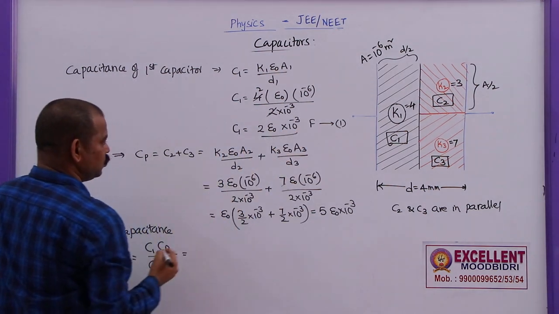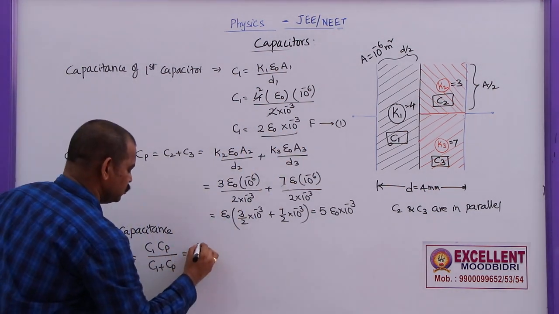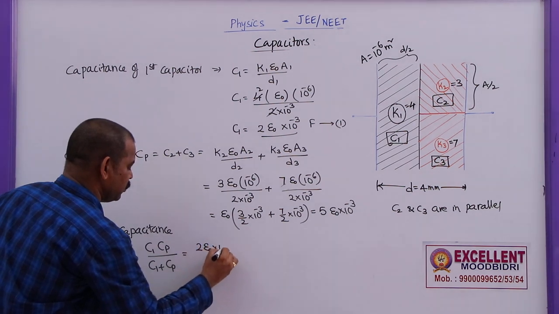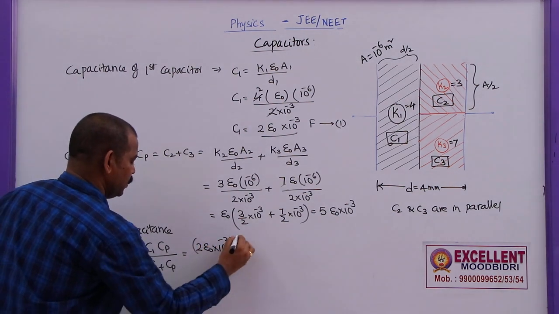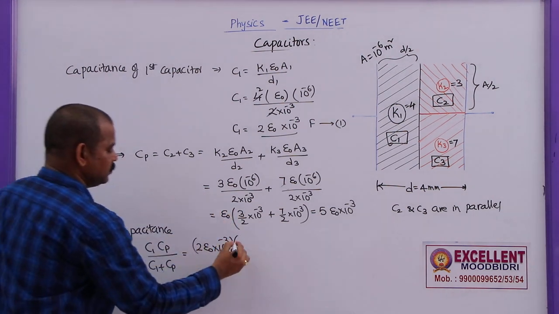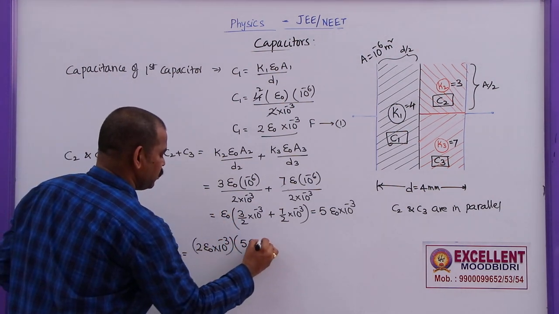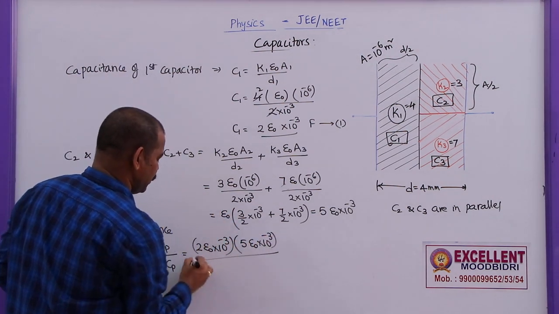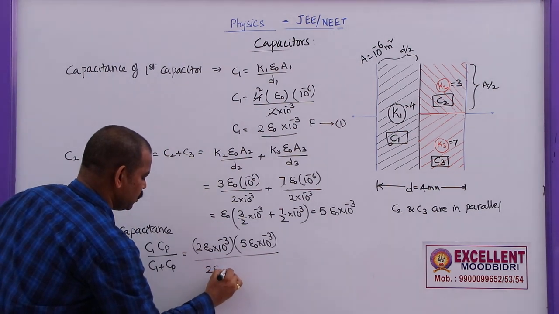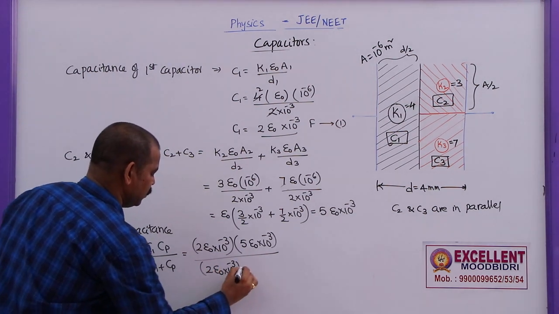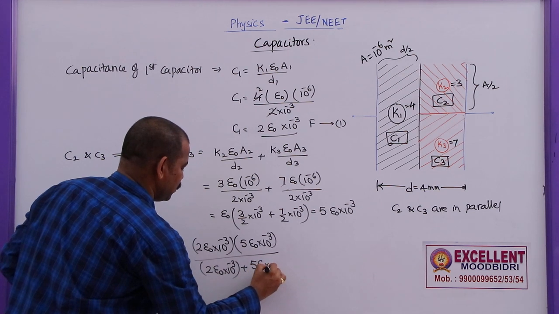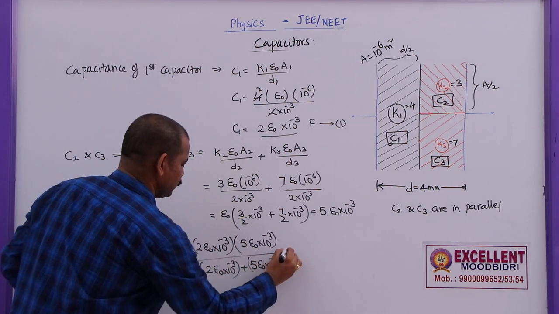What is C1? 2 epsilon naught into 10 power minus 3. What is Cp? That is 5 epsilon naught into 10 power minus 3. So 2 epsilon naught into 10 power minus 3 by 2 epsilon naught 10 power minus 3 plus 5 epsilon naught into 10 power minus 3.